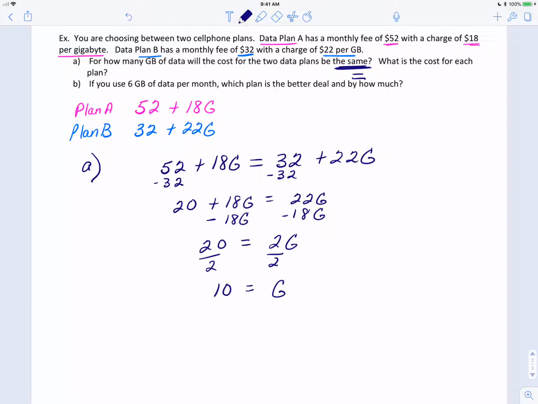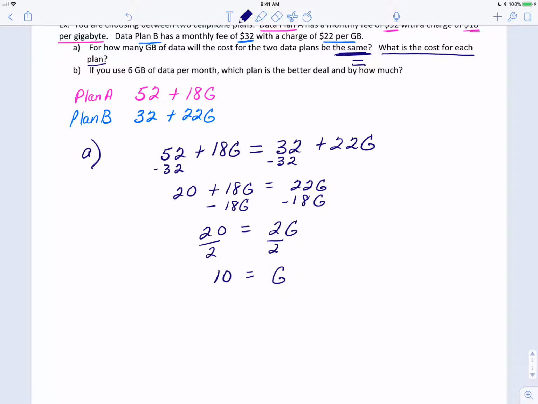Well, the second part of that question says, what's the cost of each plan at that? The cost is going to be the same for each plan because that's what we were just doing. So we can take either one of those. We can just take the first one. So 52 plus 18 Gs.